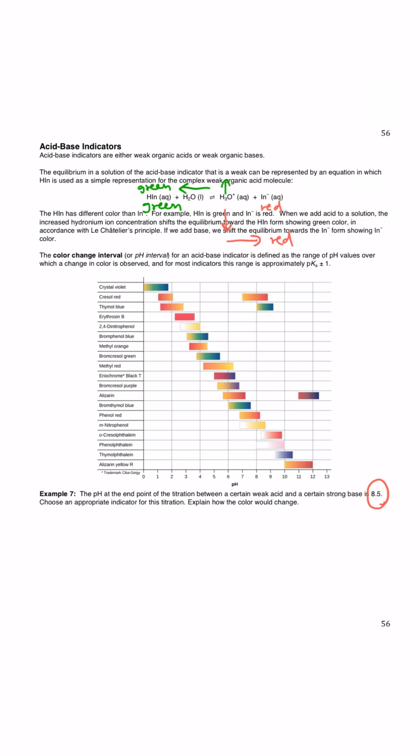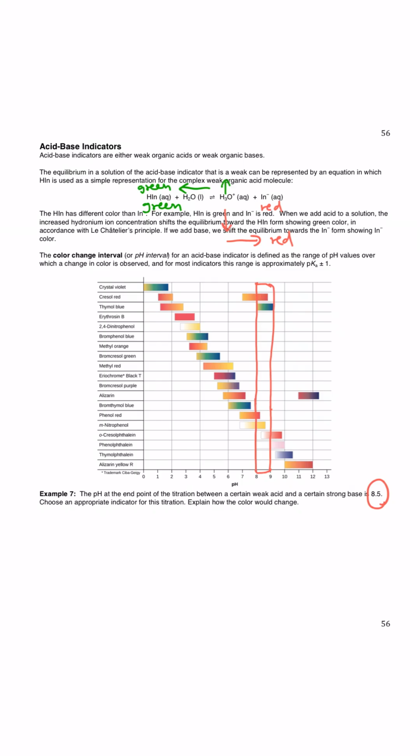If you look at the acid-base indicators given here and find the pH range around 8.5, this range falls into this indicator, this indicator, and 3 more. So which one should we choose then? I would not choose cresol red.